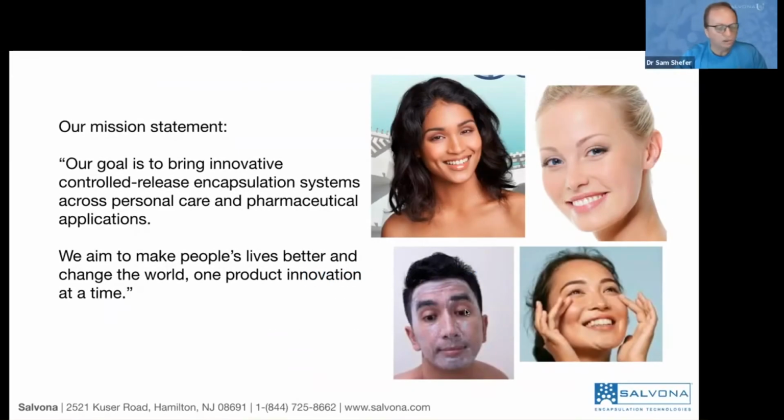So first of all, most of you are relatively new to the company, and I want to introduce you to our mission statement, because everything goes along with the mission statement. Our goal is to bring innovative controlled release encapsulation systems across personal care and pharmaceutical applications.